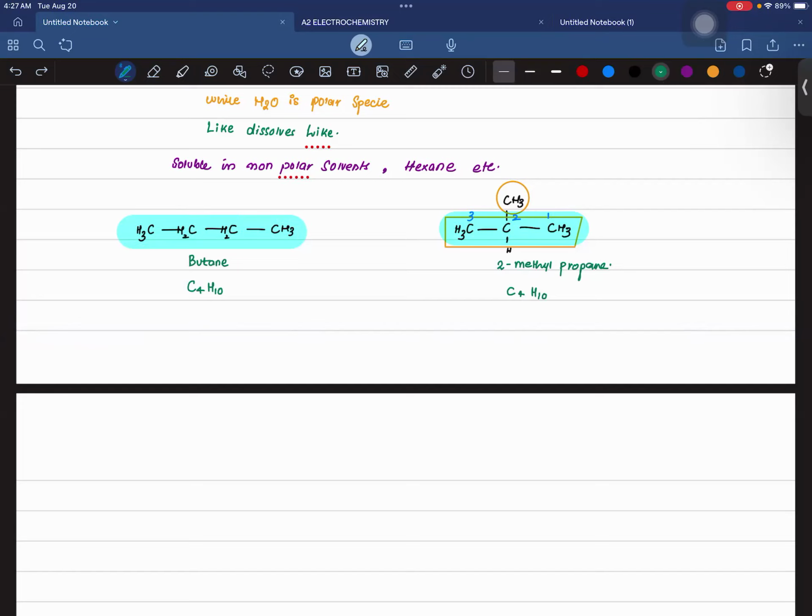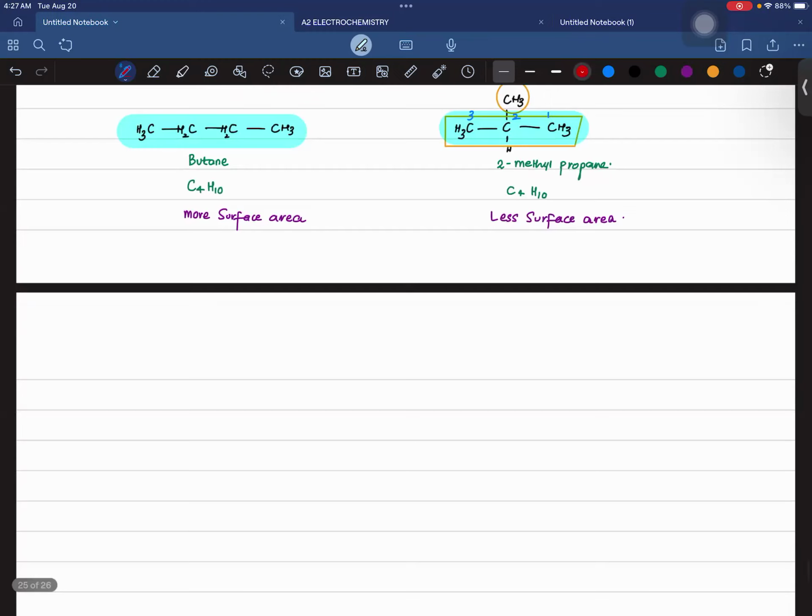So it has more surface area, and this has less surface area. So I can say that more surface area means more intermolecular force. Less surface area means weak intermolecular force.